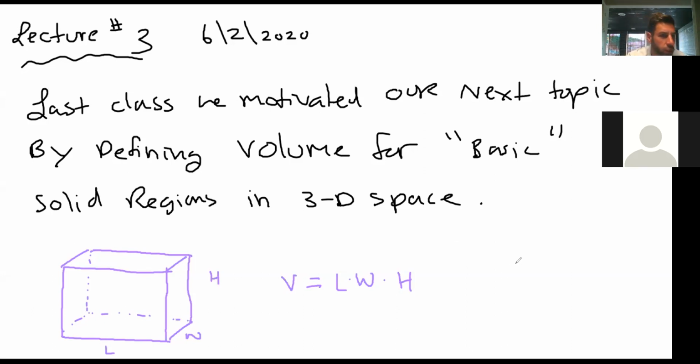Okay, so that was one shape that we agreed on, and then the other shape, its closely related cousin, would be this cylinder.